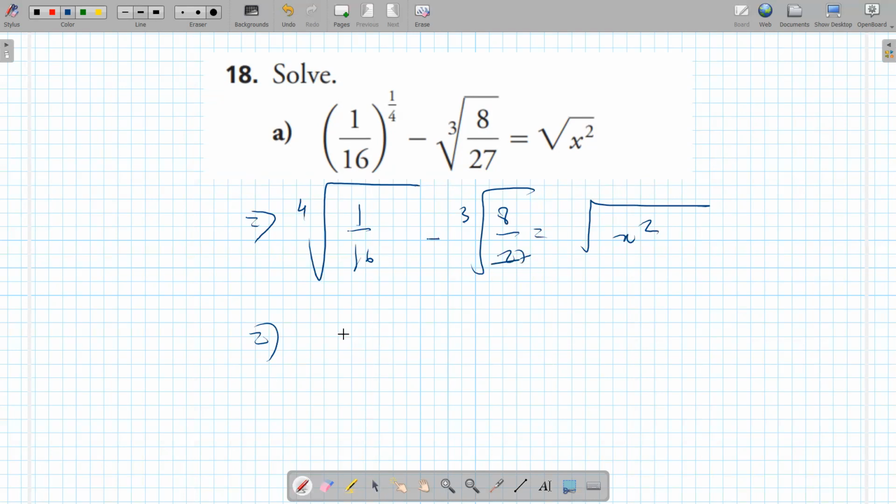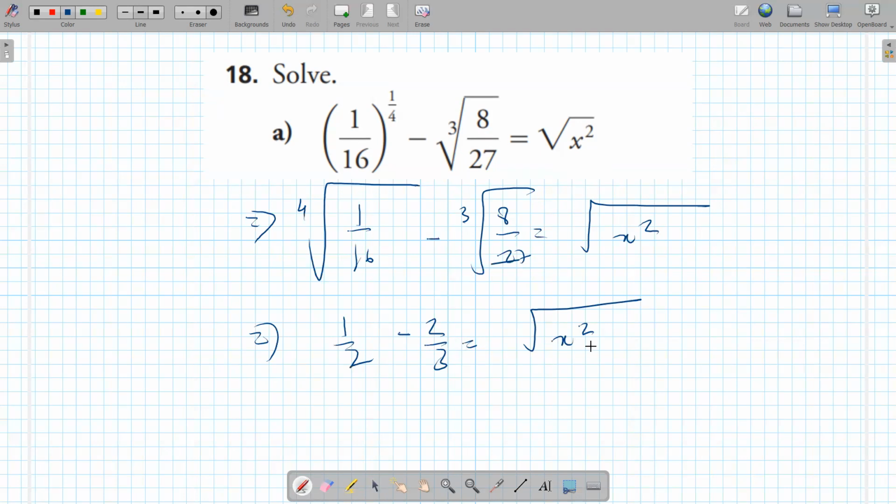What's the 3rd root of 8 over 27? 2 over 3. So we have 1 over 2 minus 2 over 3 equals the square root of x squared.